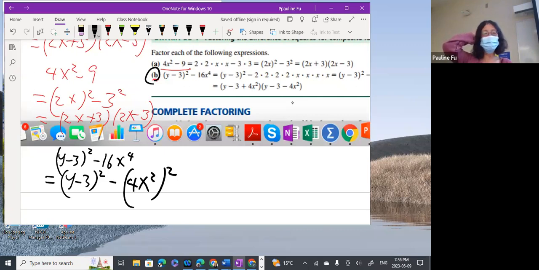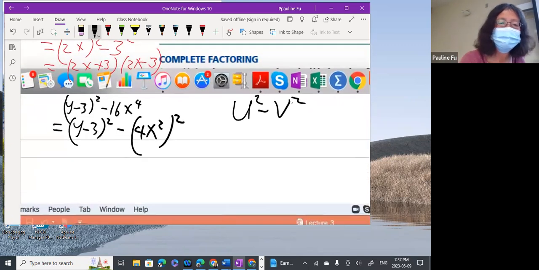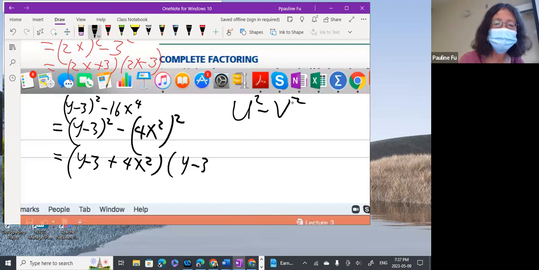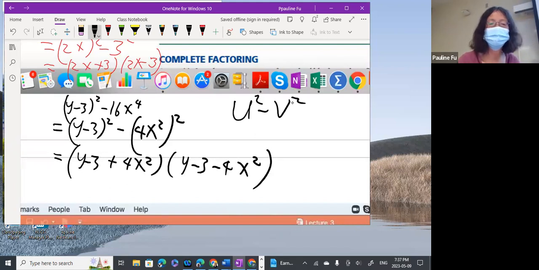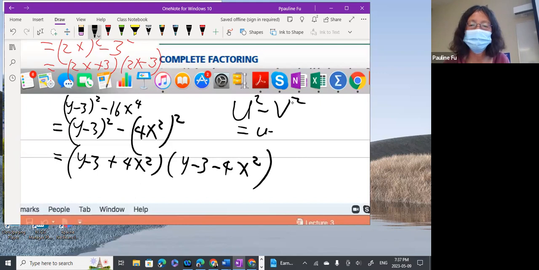Always go u squared minus v squared. So always have u squared minus v squared in mind. And then it would be u plus v times u minus v. That's it.